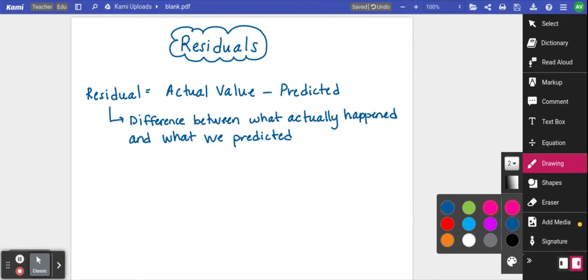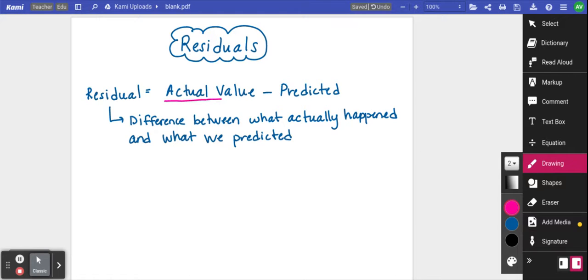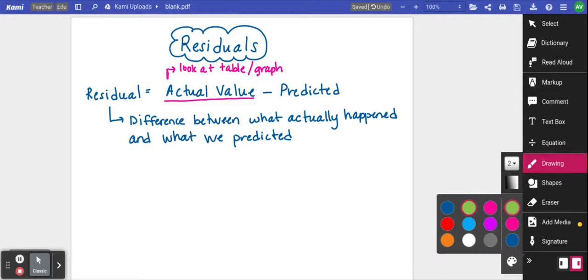Now, I do want to make a couple notes here. To find the actual value of what happened in an experiment, you can do that in a couple different ways. You can look at a table of values that was given and find the designated point, or you can look at the graph that was given and find the designated point on the graph. The important thing here is that we are not looking at the line of best fit or using the equation of the line of best fit to find this number.